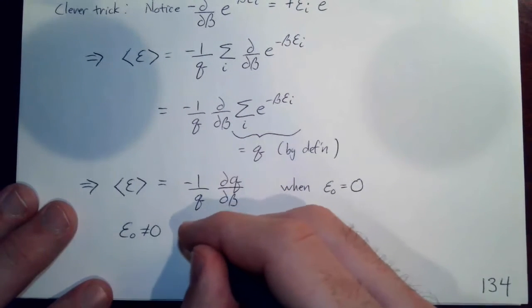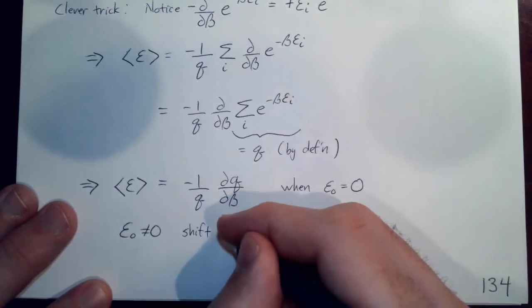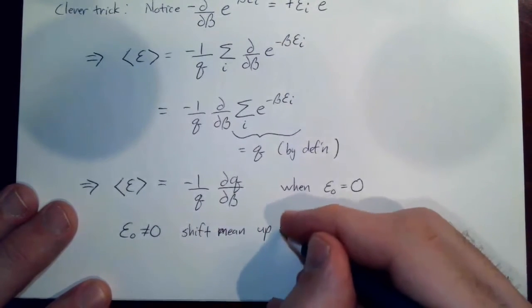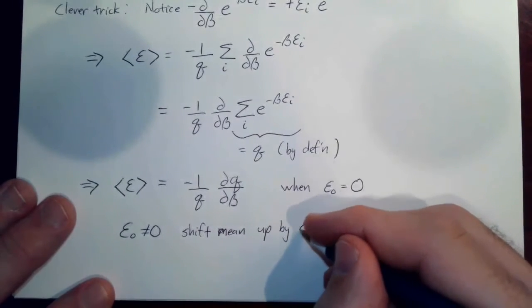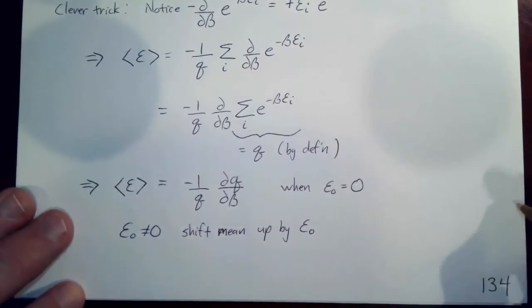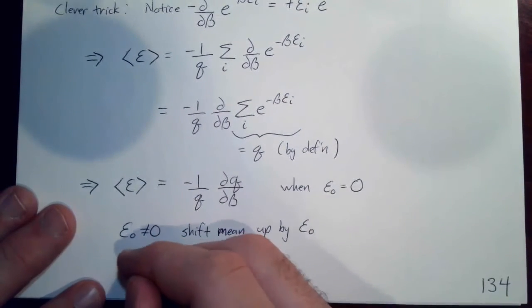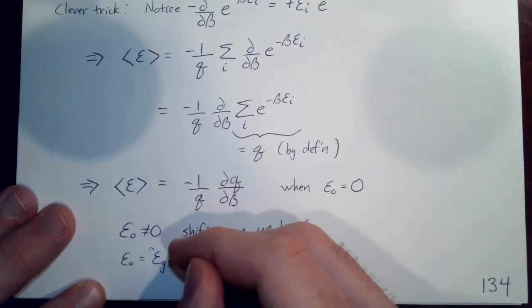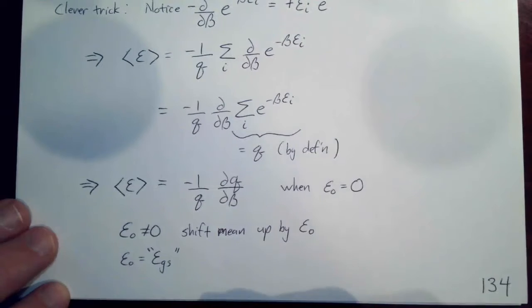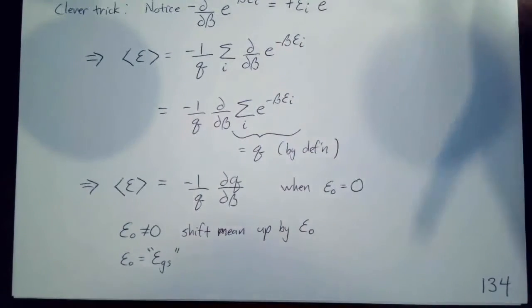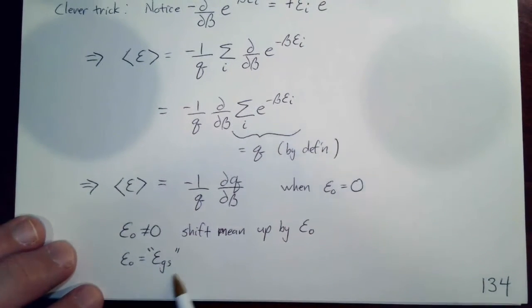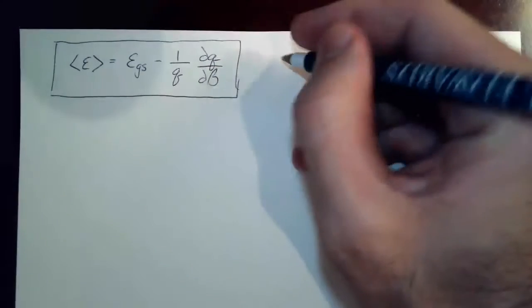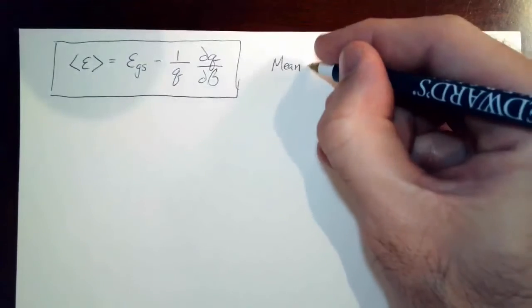And so this is just going to shift the mean up by whatever epsilon naught is. Let's call it epsilon ground state. So then the mean is going to be shifted by the energy of the ground state. And so we wind up with this formula for the mean energy, the mean molecular energy.